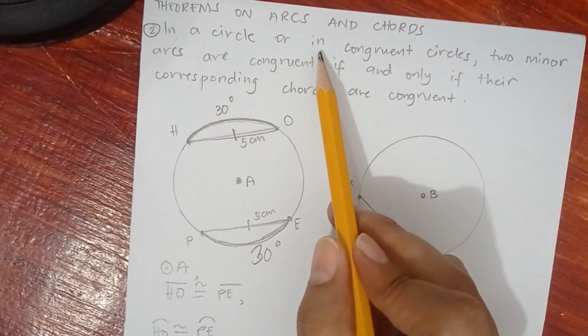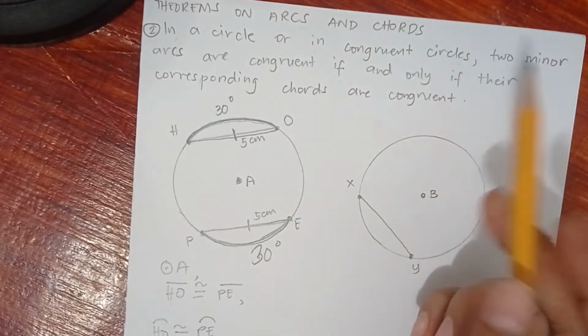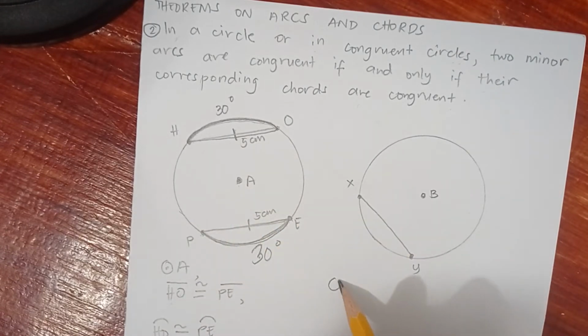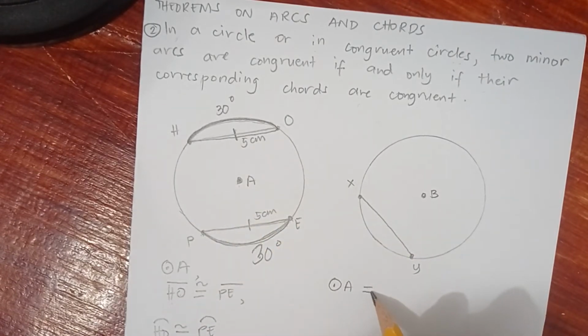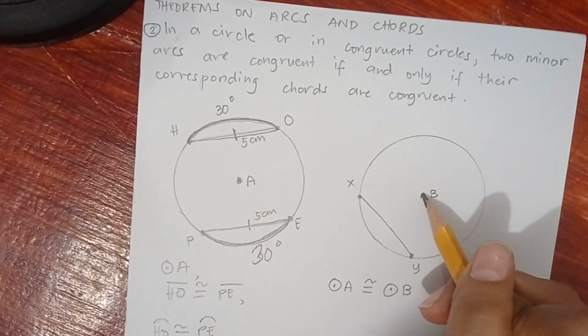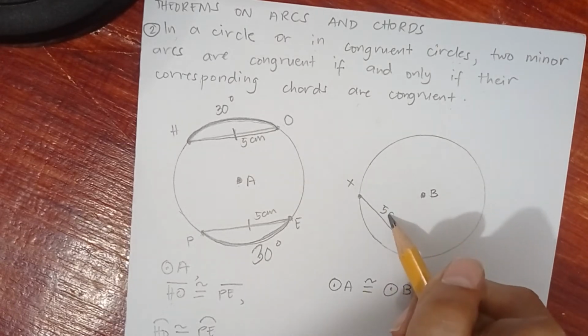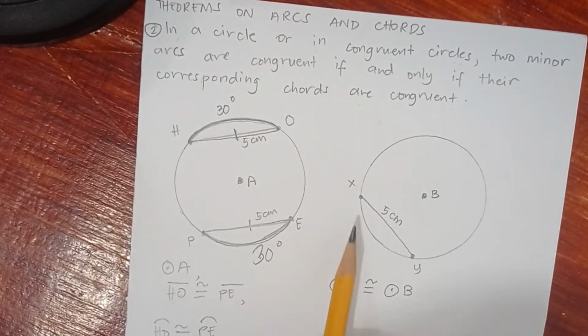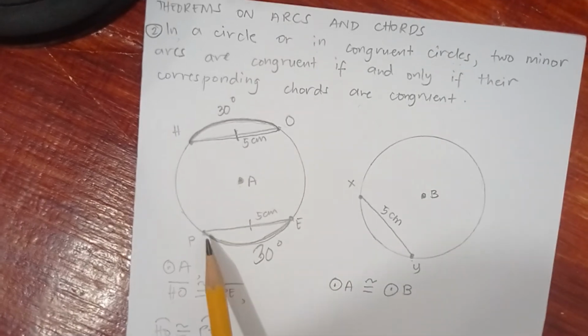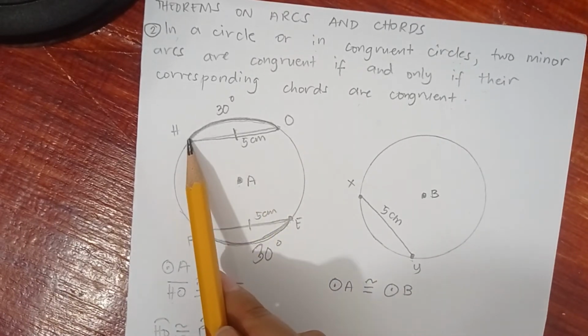So, dito sabi naman, in congruent circles. So, for example, circle A is congruent to circle B. Ito yung circle B, di ba? Tapos, sasabihin natin na this is also 5 centimeters. Ibig sabihin, ang ating chord XY is congruent to line segment PE and line segment HO.